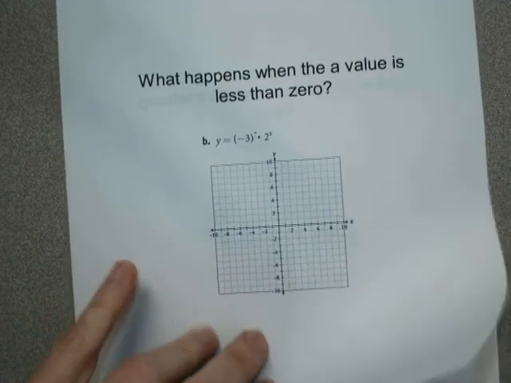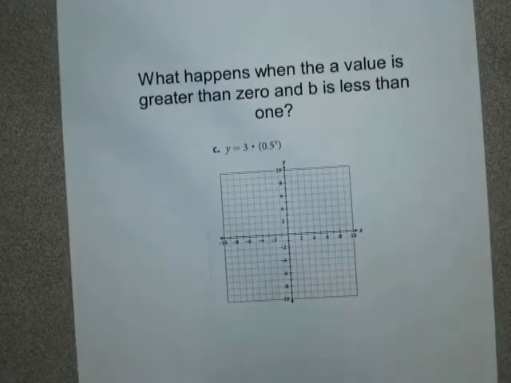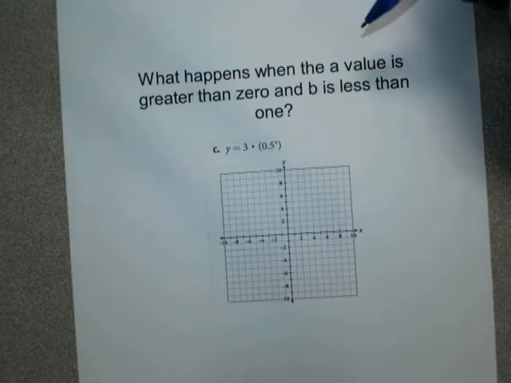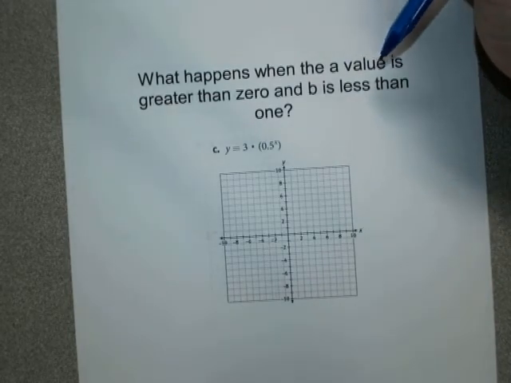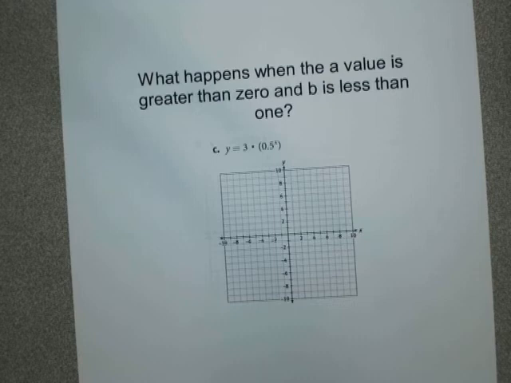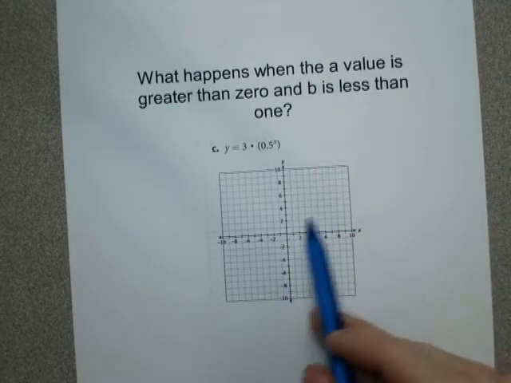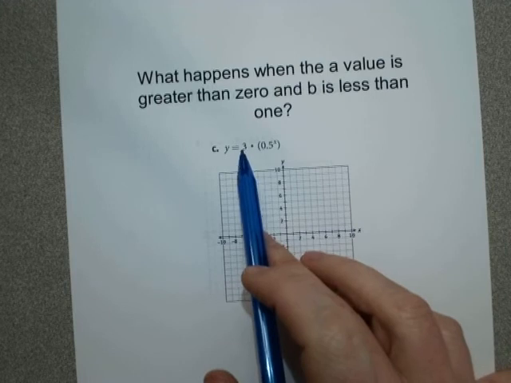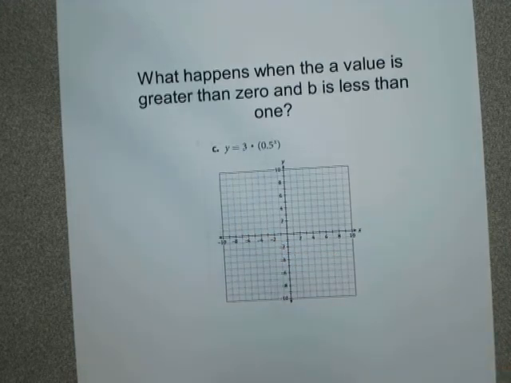Then, what happens when the a value is greater than 0, but b is less than 1? So if a is greater than 0, but b is less than 1, what was going on? We know that it's going to be in the upper quadrant because it's greater than 0. And that rule is never going to change.